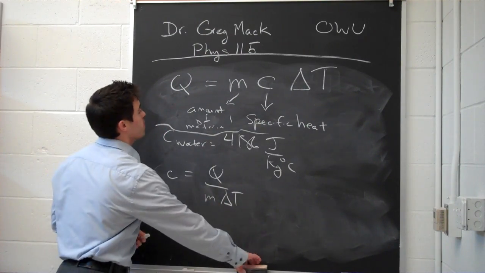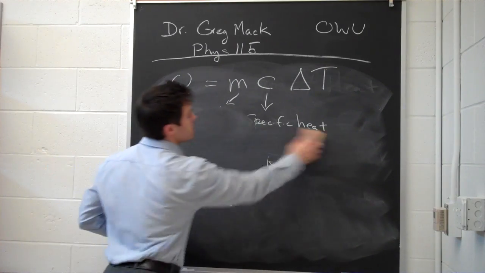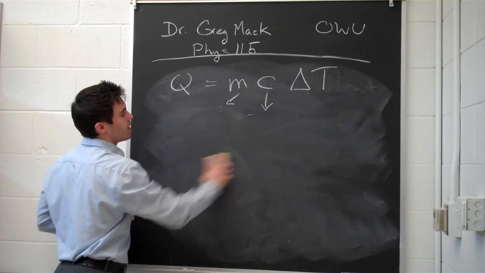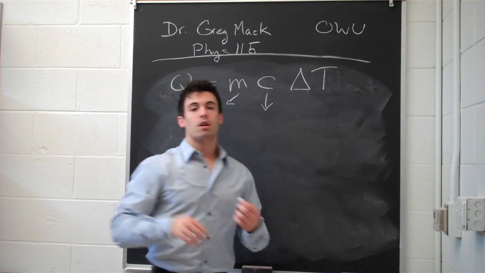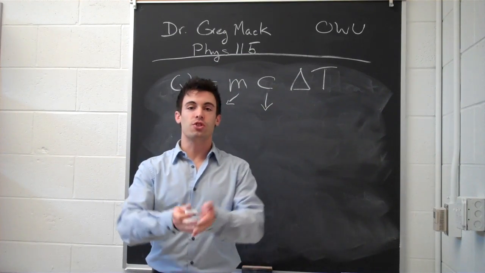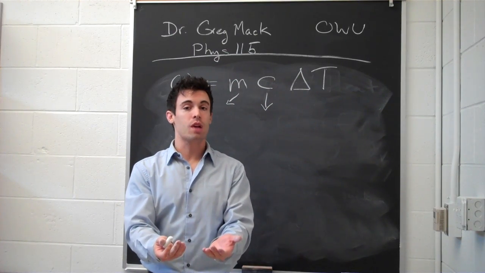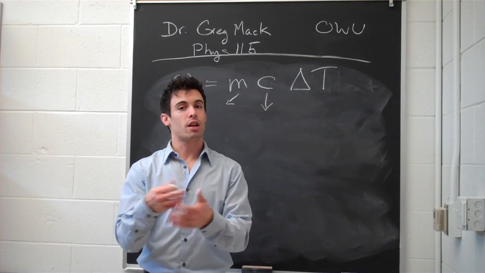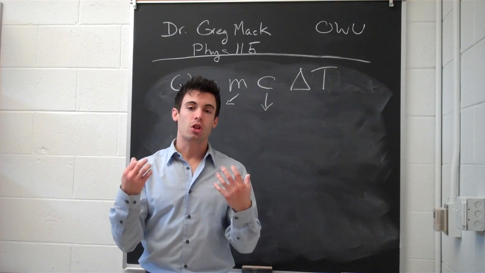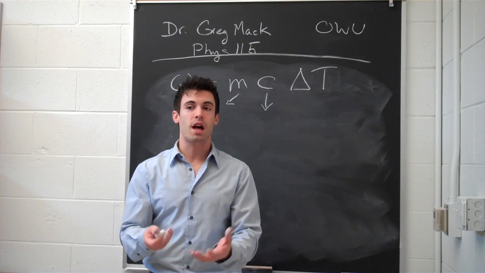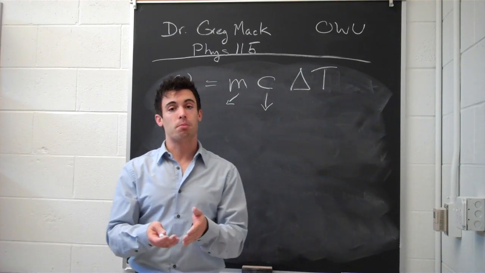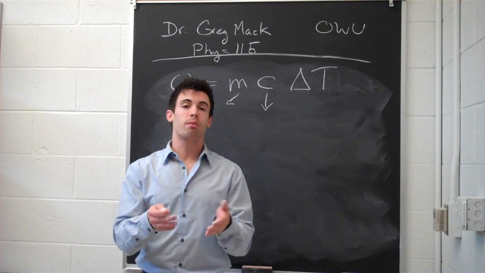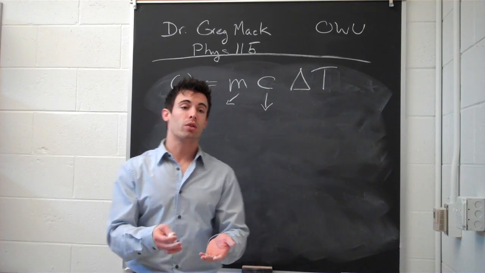And calorimetry deals with the idea that we have conservation of energy. If you put something hot into a container of something cold at a known temperature and a known mass, and had that container be insulated, and you let that come to equilibrium, then you can analyze the situation saying that the amount of heat lost by the hot object is equal to the amount of heat gained by the cold object.